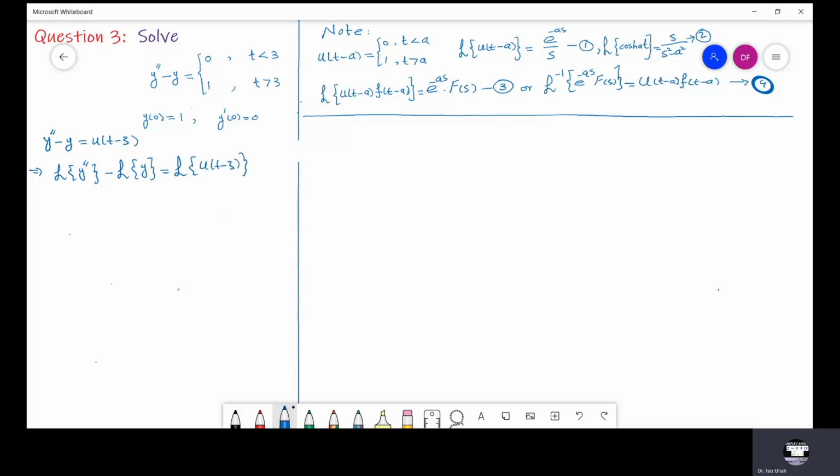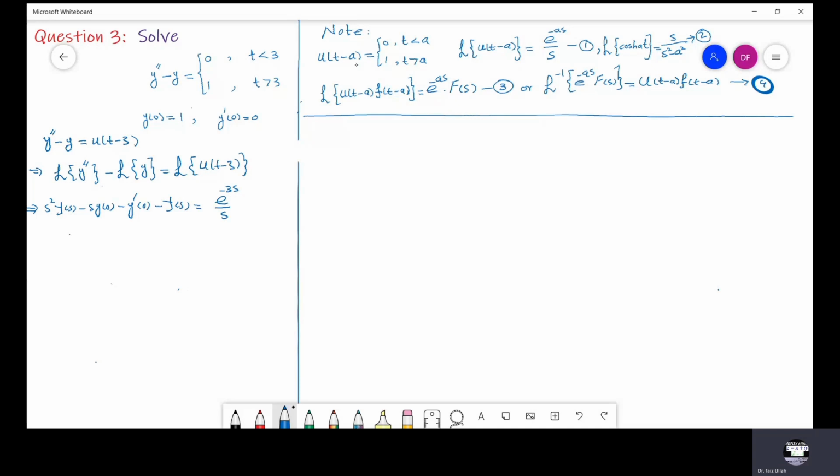And this implies that using formulas of Laplace transform, we can write s square y of s minus s y of 0 minus y dash of 0, and minus y of s is equal to, using formula number 1, e power minus 3s divided by s.